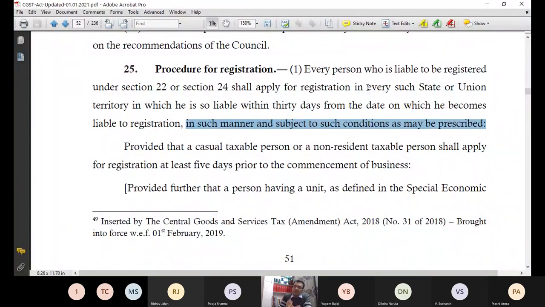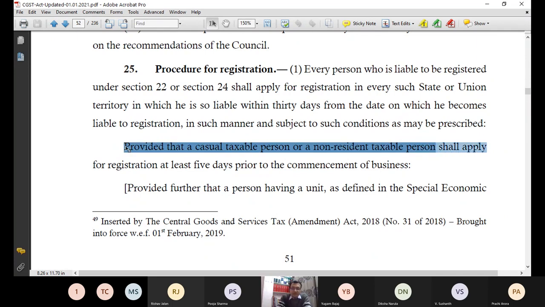The general rule is to apply within 30 days, but the proviso means an exception. A casual taxable person or a non-resident taxable person shall apply for registration at least 5 days prior to the commencement of business. Casual taxable person means one who occasionally does business.